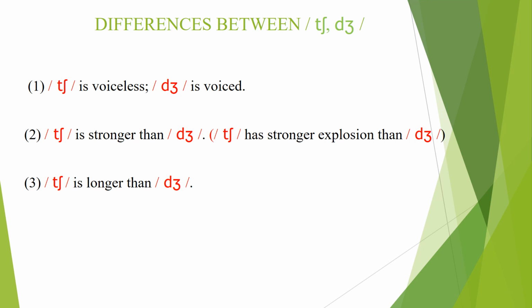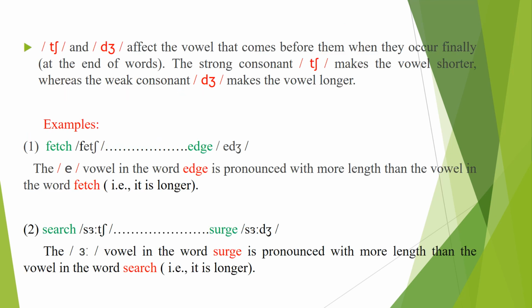The differences between ch and j. Ch is voiceless, j is voiced. Ch is stronger and longer than j. Ch makes the preceding vowel shorter when it occurs finally, whereas j makes the preceding vowel longer when it occurs finally. For example, fetch and edge.